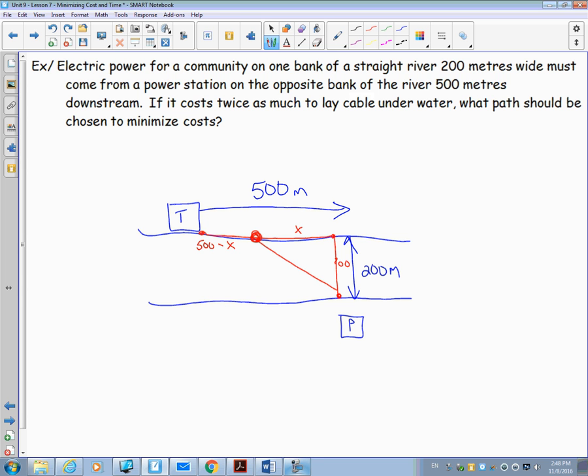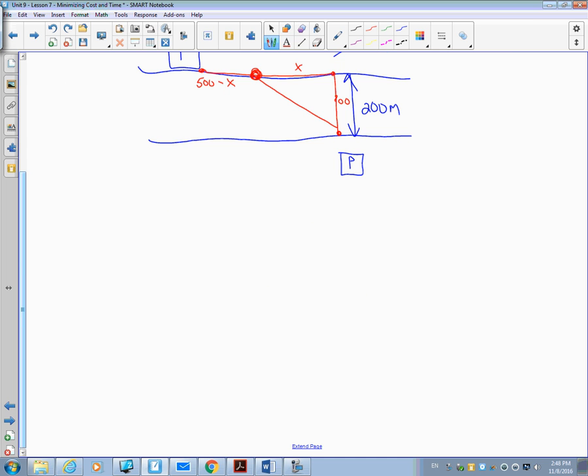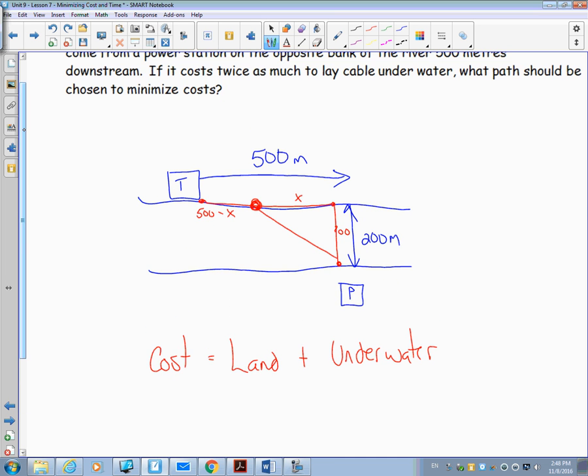Okay, same kind of question, except we have costs involved this time instead of time. So let's set up an equation for costs. The costs depend on the land piece plus the underwater piece. What did it tell us? It told us on land, it costs twice as much to lay a cable underwater.